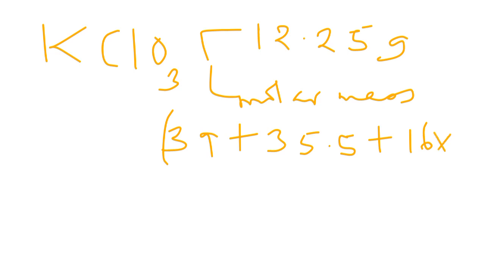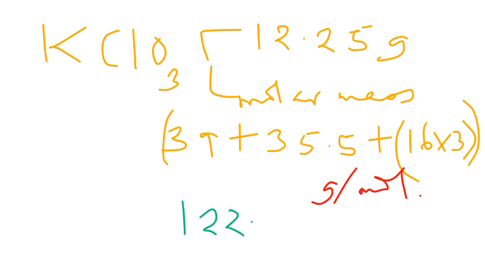There are 3 oxygen, so times 3, and the unit is gram per mole. When we plug into our calculator, 39 plus 35.5 plus 16 times 3, the answer is equal to 122.5 grams per mole. So this is the molar mass of potassium chlorate.